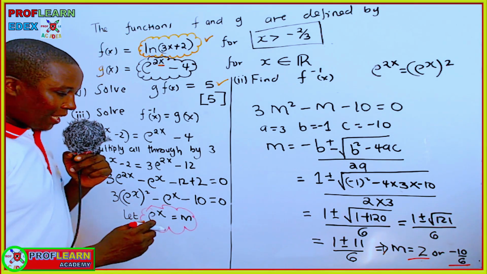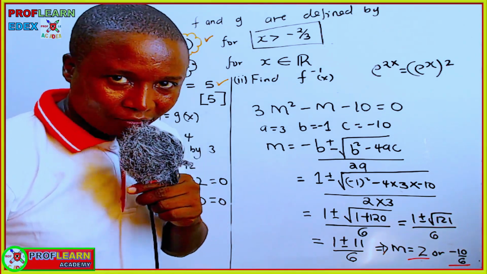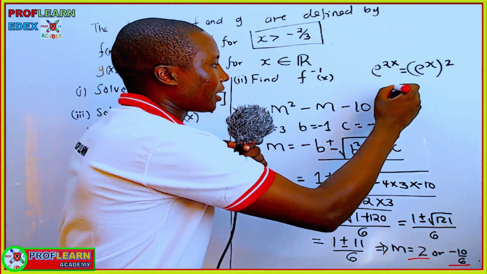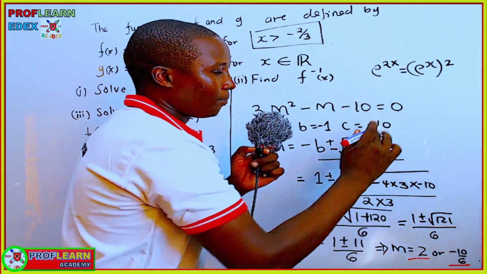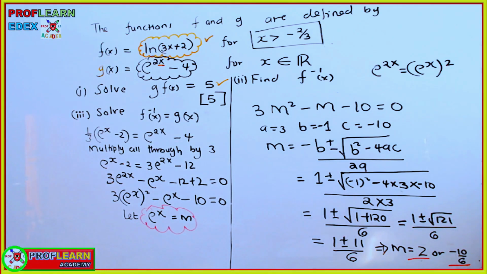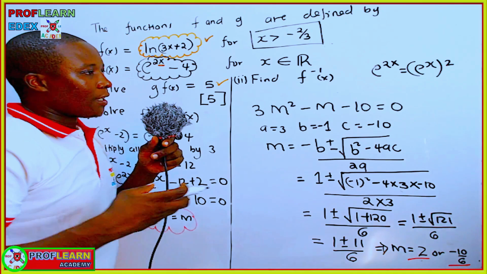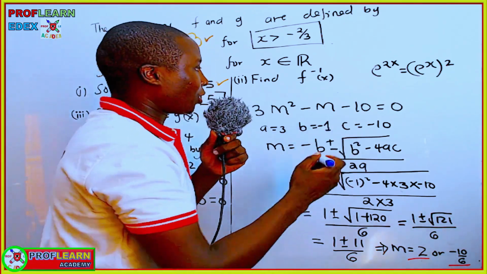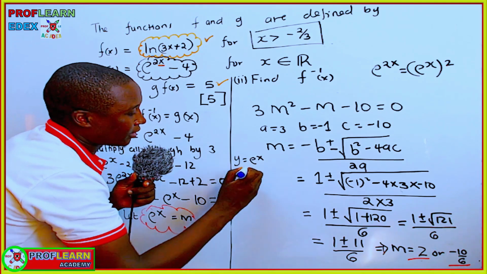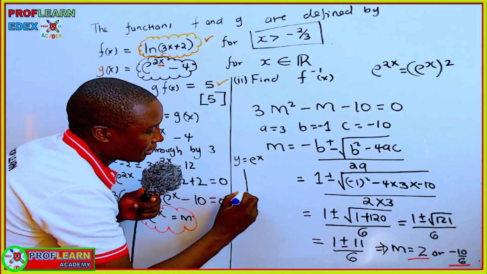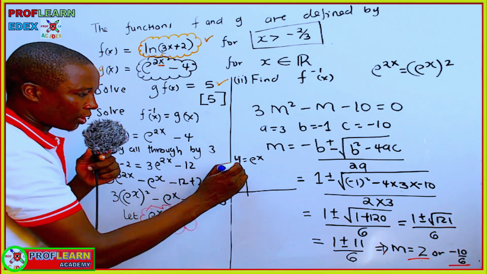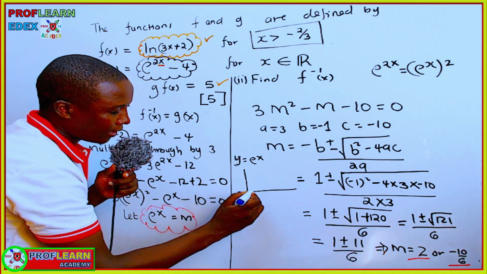There is no way an exponential can have a negative answer, because even when sketching an exponential function, we say that exponential functions have a horizontal asymptote. So if you have y equals e to the x and you want to sketch that function, the horizontal asymptote for this is actually the x-axis.